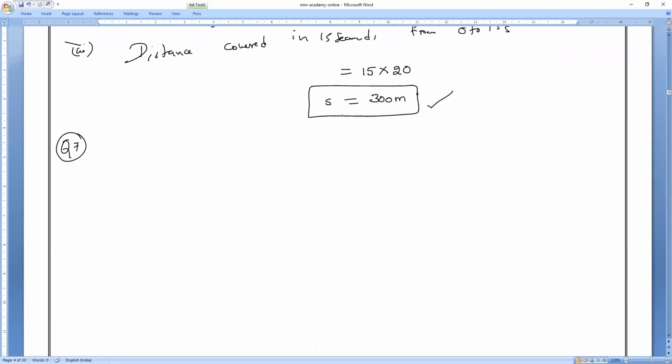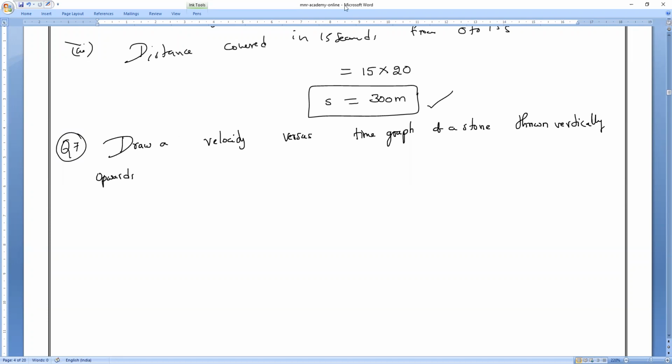So question number 7. Draw a velocity versus time graph. Let me see who will answer this. Draw a velocity versus time graph of a stone thrown vertically upwards. Be very careful.